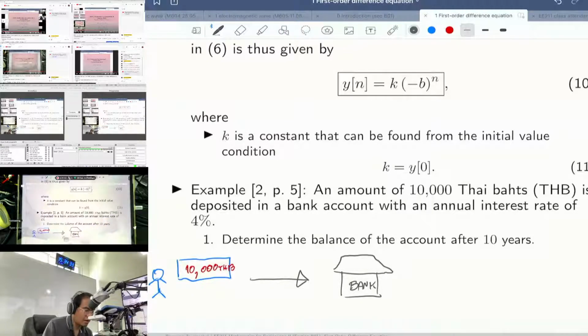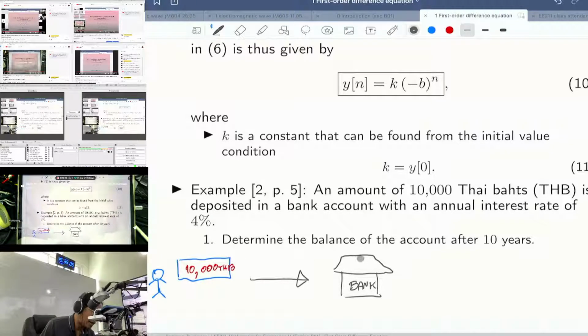This is a building of the bank, and the bank will say to you that if you deposit your money with us, they give you the annual interest rate of 4%. So in 1 year, 100 baht will become 104. All right. You have 104 after 1 year.